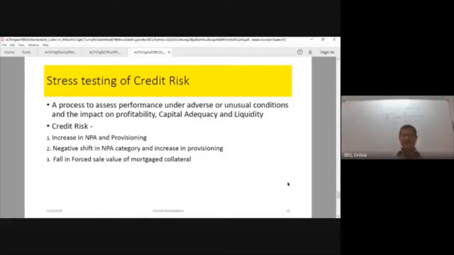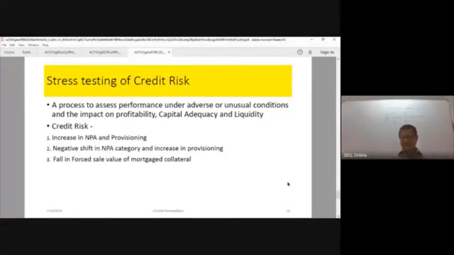Once you do all those calculations, you will arrive at the hit on your profitability that has to be shown as a result of the stress test you carried out. So, don't worry, we will take all the stress testing pertinent to all types of risk in one session, and we'll do computations on the screen, and we'll give you a better understanding of what stress testing is.